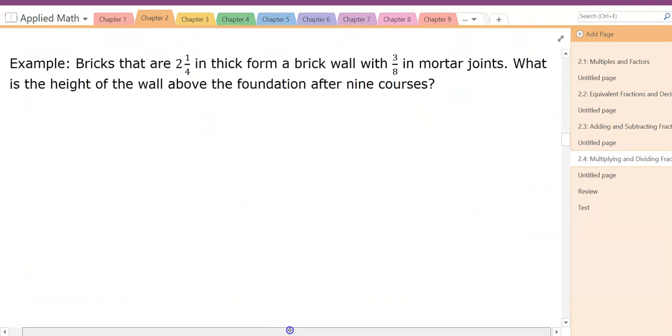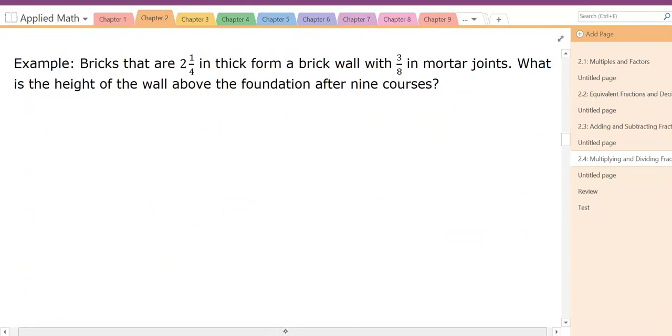Okay, we've got another one here. It says bricks that are 2 1/4 inches thick form a brick wall, and they have 3/8 inch mortar joints. What is the height of the wall above the foundation after 9 courses? So the bricks are all 2 1/4, and then each joint is 3/8, and we're doing this 9 courses, so it would be 9 times.